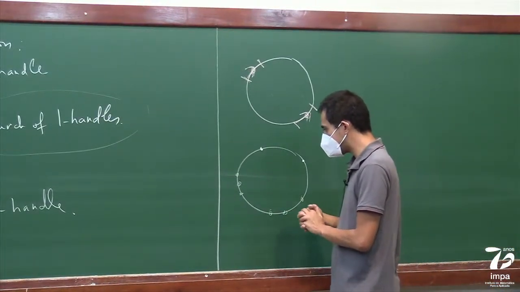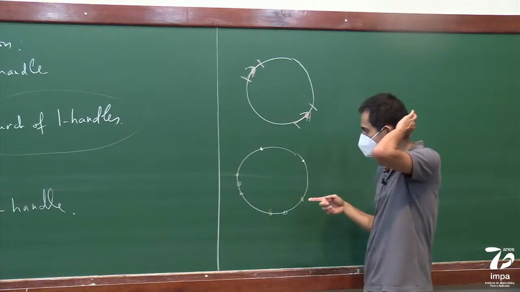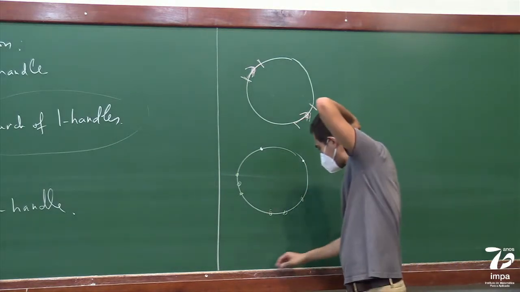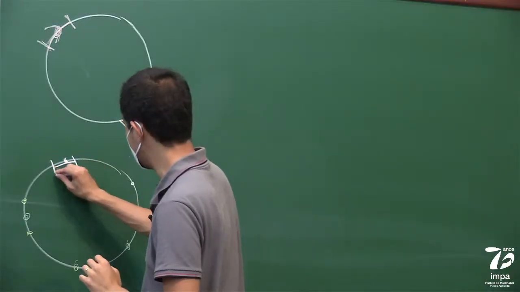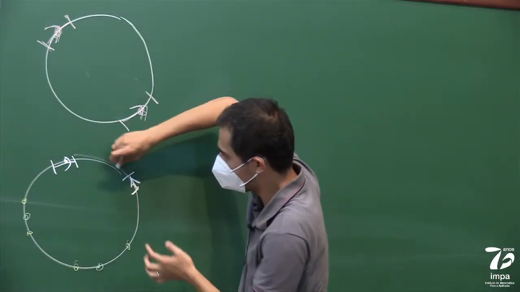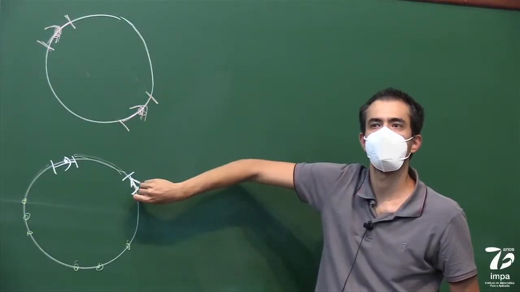So what you have to see is that these 1 handles have to be attached in an intertwined way. Because after you attach a 1 handle like this, here you have one connected component of the boundary, and here's another connected component of the boundary.